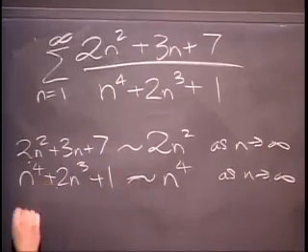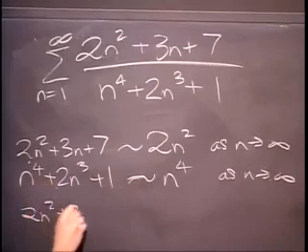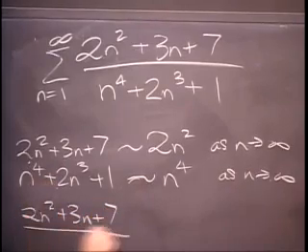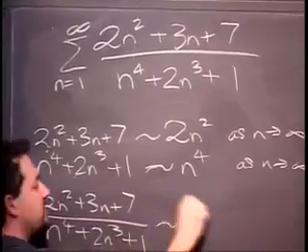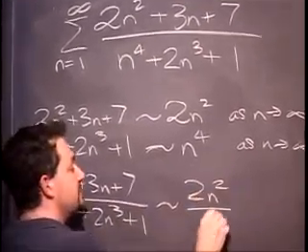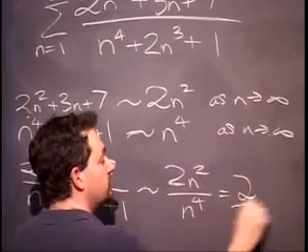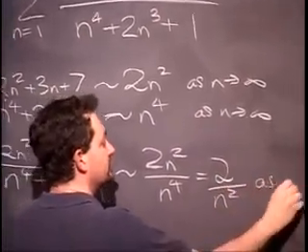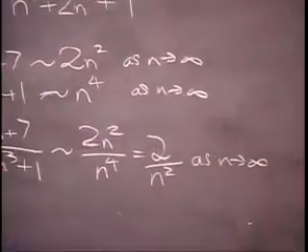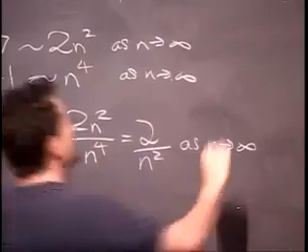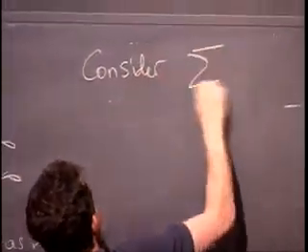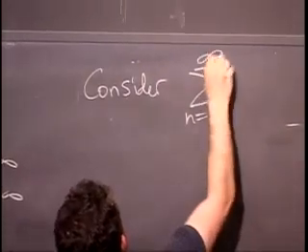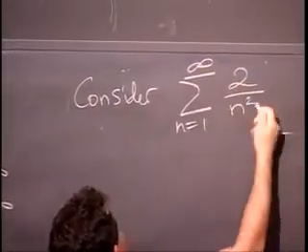Therefore, the ratio of these two things, which is what we care about, behaves like 2n squared over n to the 4th, which is 2 over n squared. Okay, so consider this new series, the sum from n equals 1 to infinity of 2 over n squared.